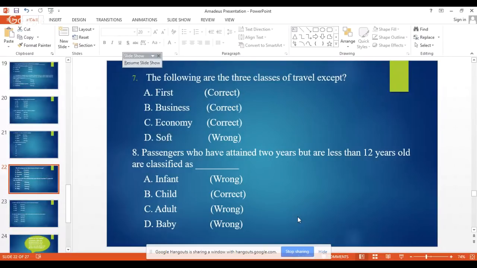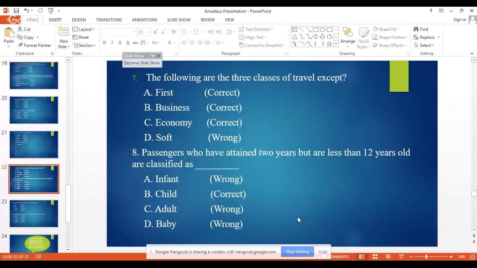So A, infant, is wrong, because we said an infant is someone from a day old who has not reached age 2. Such a passenger is classified as an infant. So option A is wrong.